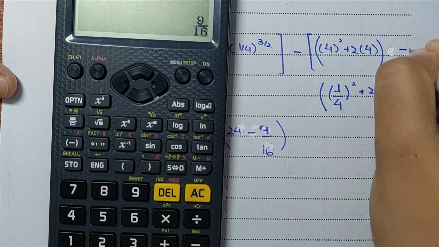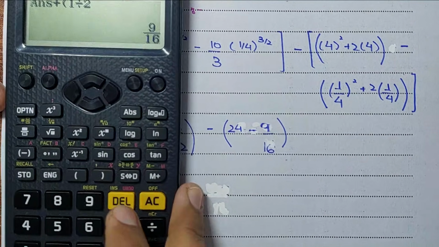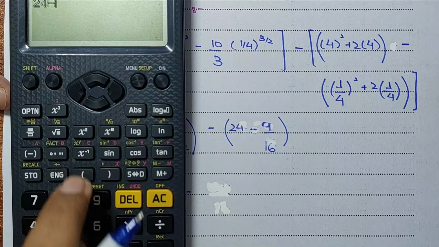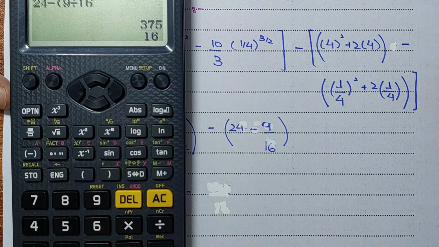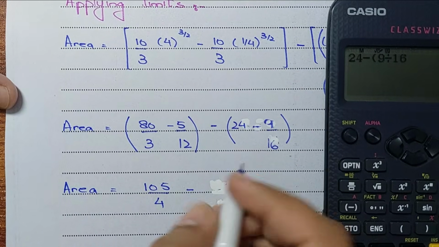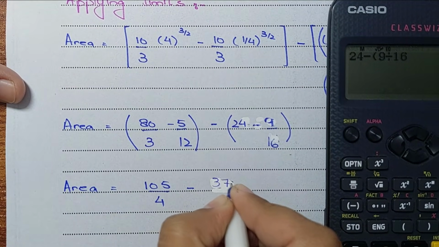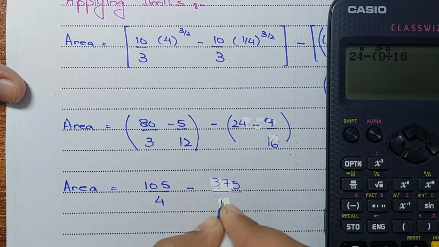With this is the negative sign for the formula for the limits, right? So 24 minus 9 over 16 is 375 over 16.